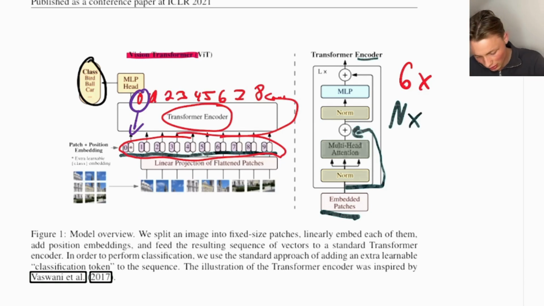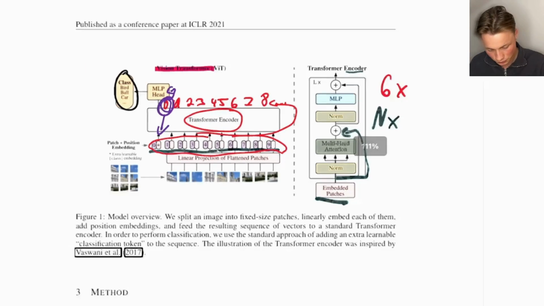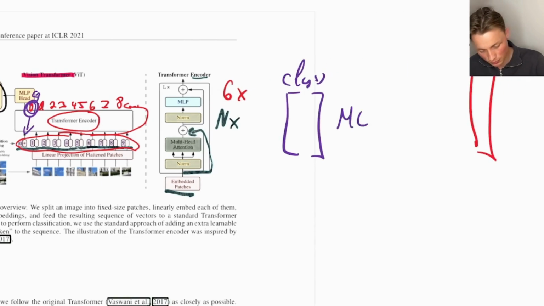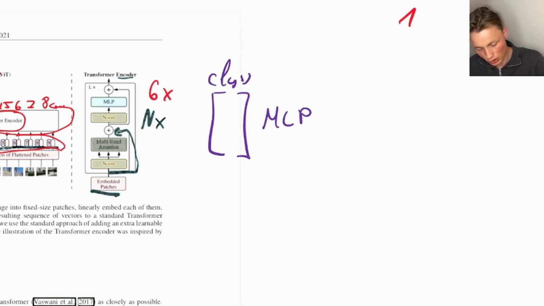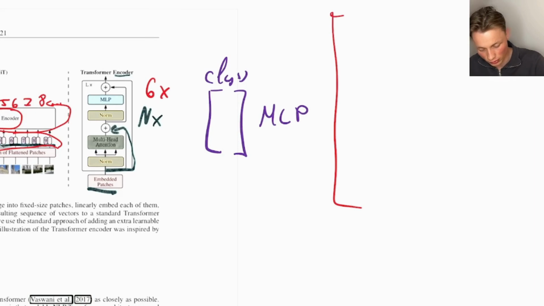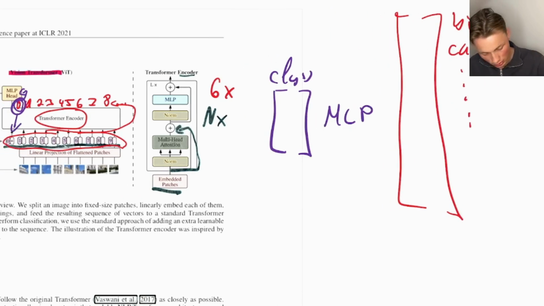So we just extract the last token, this one, and put it in an MLP. So we have the class token at the end. We put it in an MLP, and then we do a classification over all our classes. So for example, if we have birds, car, and so on, and here we have, I don't know, we could say mountain or stuff like that.